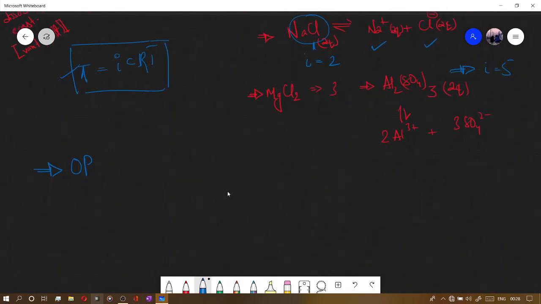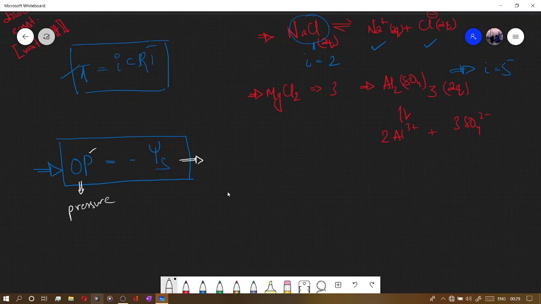Here is the interesting part, guys, don't miss it: osmotic pressure is the negative of osmotic potential. OP is osmotic pressure, and this is osmotic potential.